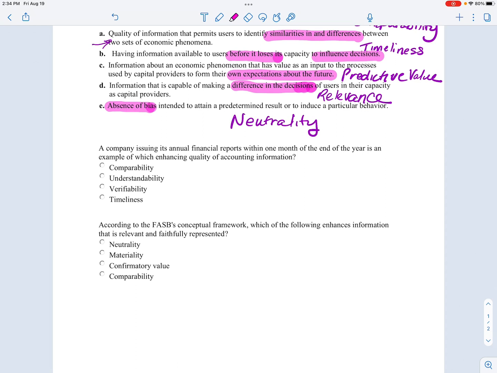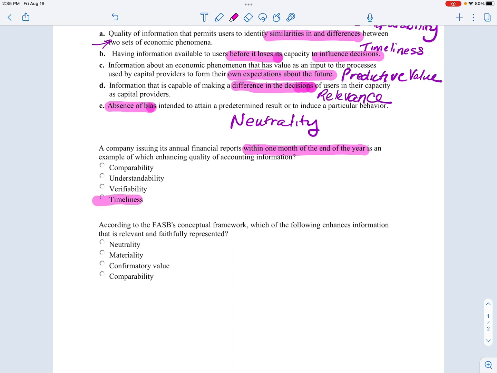So if we're looking for those key terms. If a company is using its annual financial reports within 1 month of the end of the year, that is an example of enhancing quality of accounting information. So again, we're looking at this information being relevant based on the time it is provided.